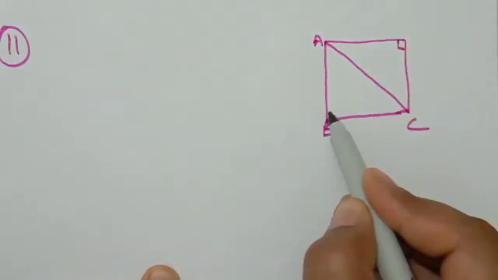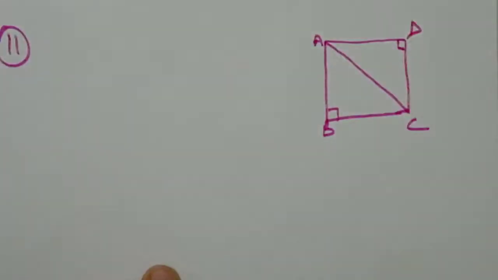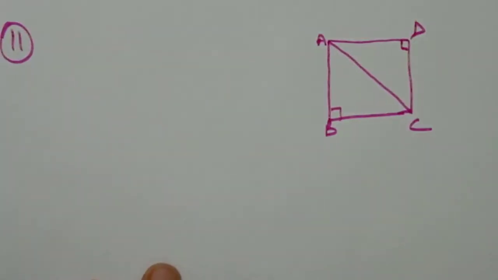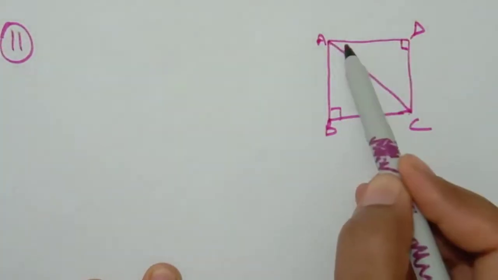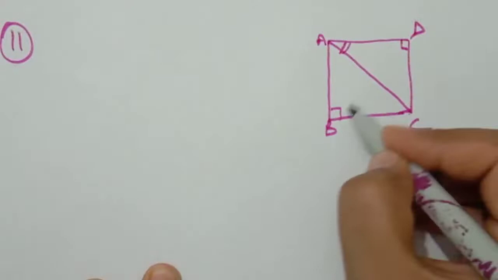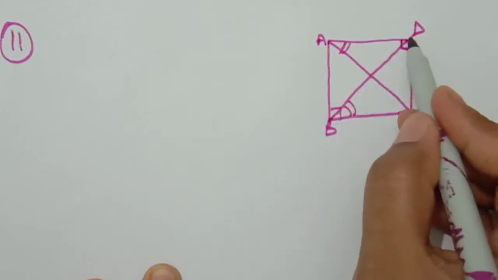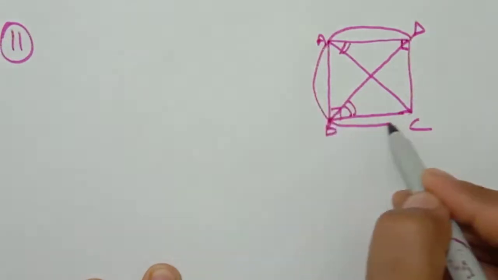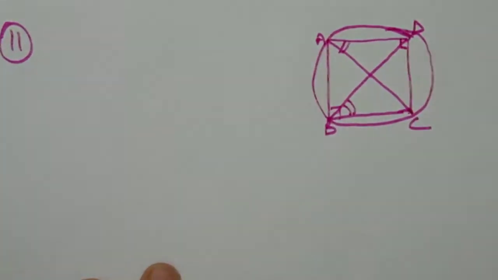here we have 90 degrees and 90 degrees, it is D. And now students, we are going to prove that angle CAD, this angle, and angle CBD, it means we have to draw this angle. So first of all we have to draw a circle, and we have to make this quadrilateral a cyclic quadrilateral.